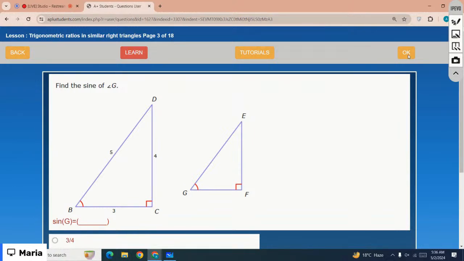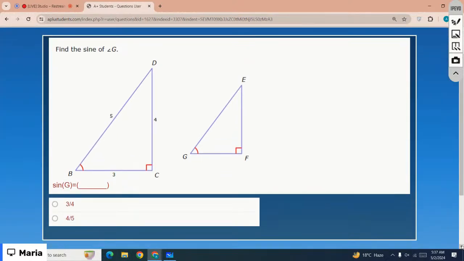The correct option is sine of angle G. That is 4 over 5 is the correct option. Option number 2 is the correct option.